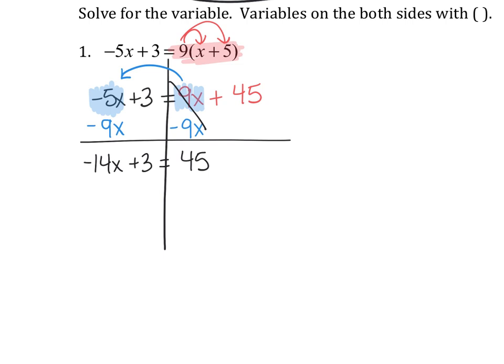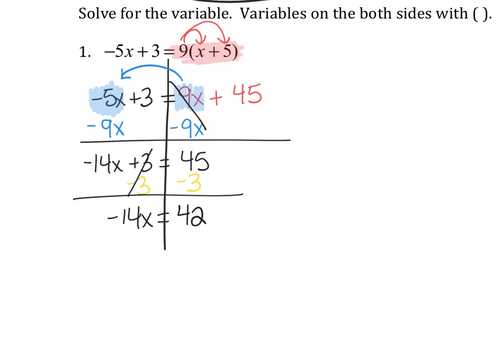So I'm going to get rid of the adding and subtracting first. Since there's a plus 3, I'm going to minus the 3 from both sides because the opposite of adding something is subtracting. And when I do that, I get negative 14x, the 3's are gone, equals 45 minus 3, which is 42.